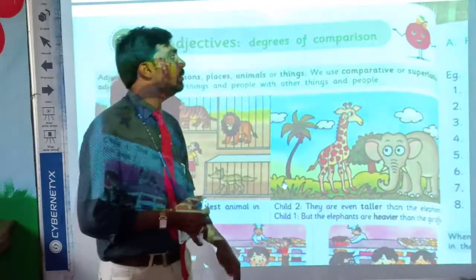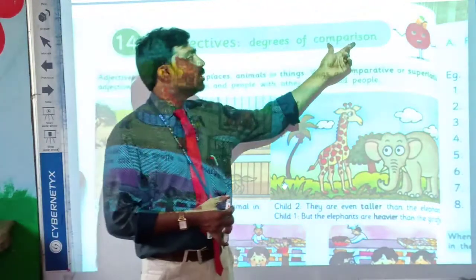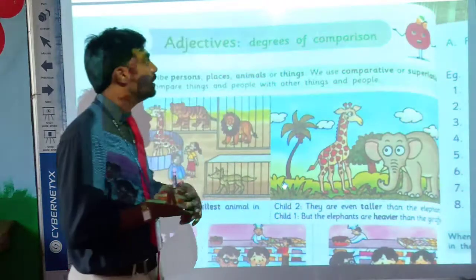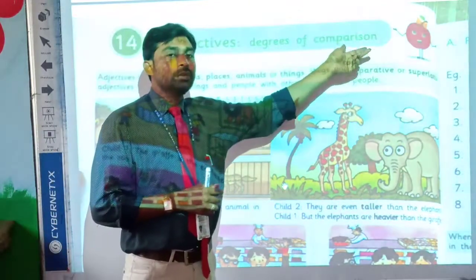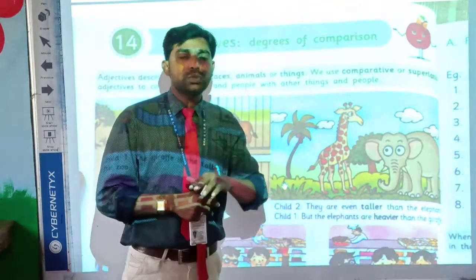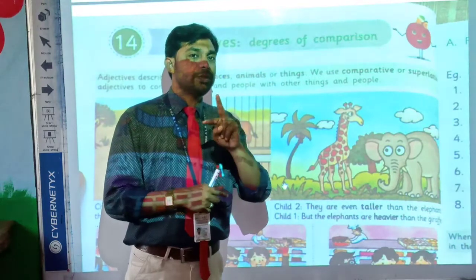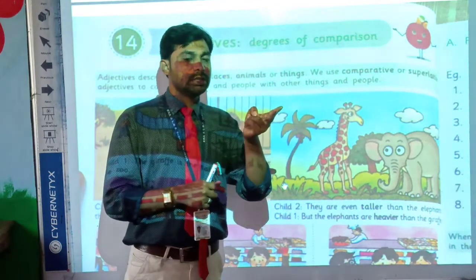Dear student, maybe you are learning this for the first time, but you know what is meant by comparison? To compare two things with each other is known as comparison. So for degrees of comparison, we use adjectives to compare two things. Small, big, tall.